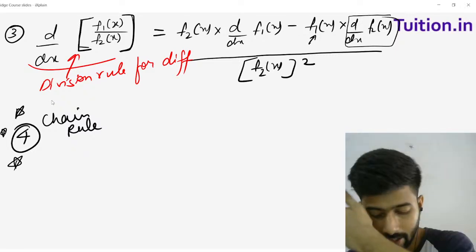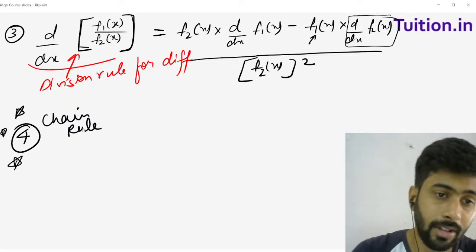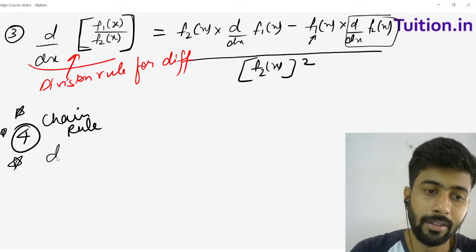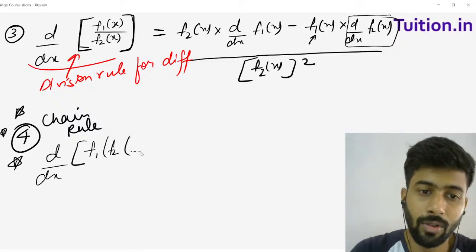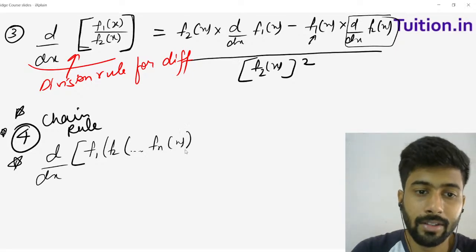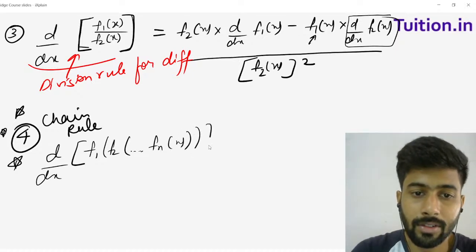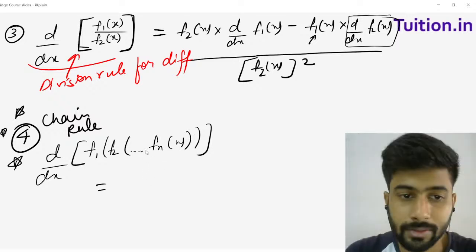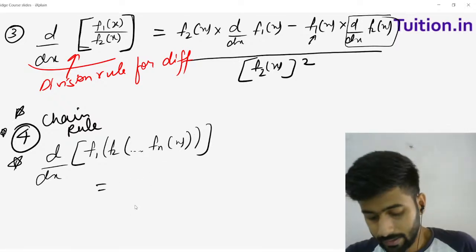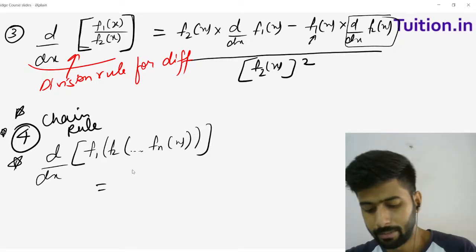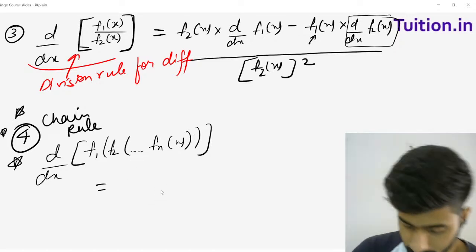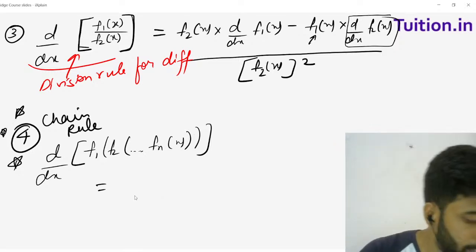Okay, and this law says that if I have d by dx of f1 of f2 of so on fn(x), then that is nothing but... okay, instead of writing it as a law, I would rather discuss this as a problem.